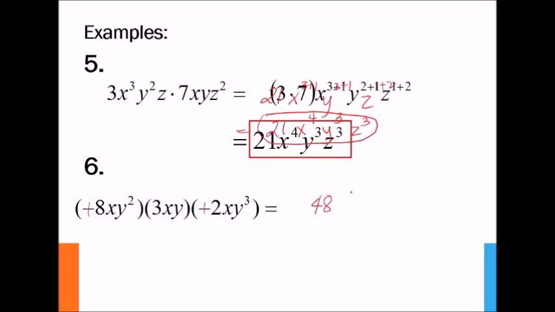So 48. Then, base to base, we have 3 x's, so our answer will be 1 plus 1 plus 1, so it's x cubed. Then copy the base y: we have 2 plus 1 plus 3, so it's 6. Okay? For the next video, we will proceed with the next rules of exponents, specifically the power rule.